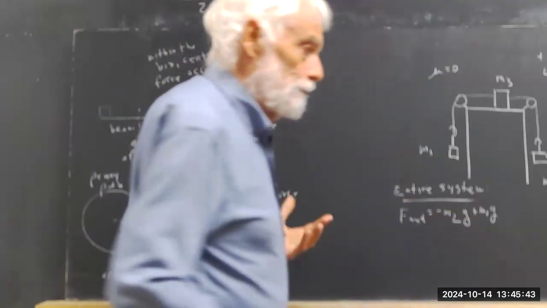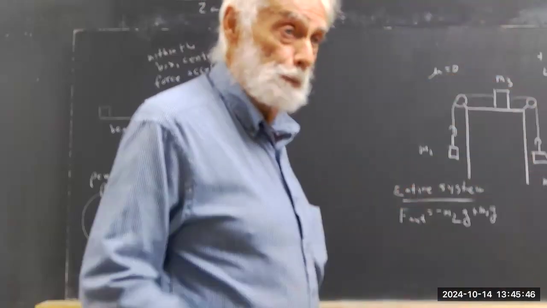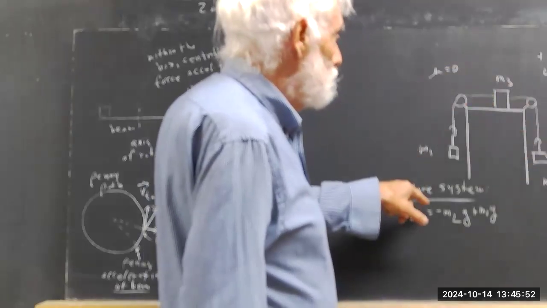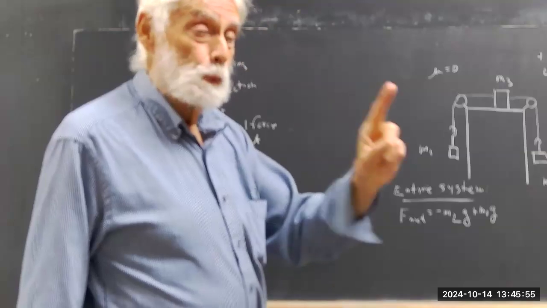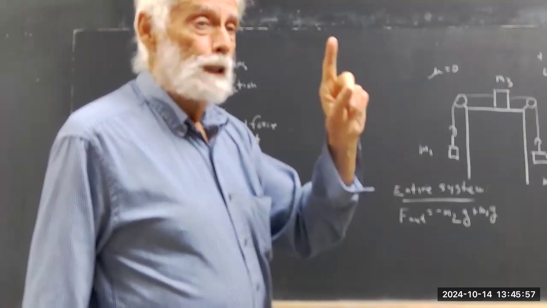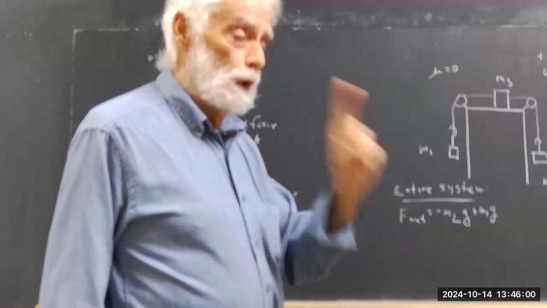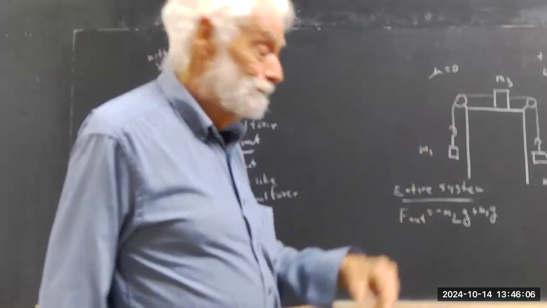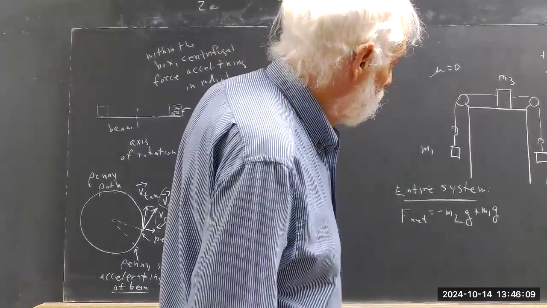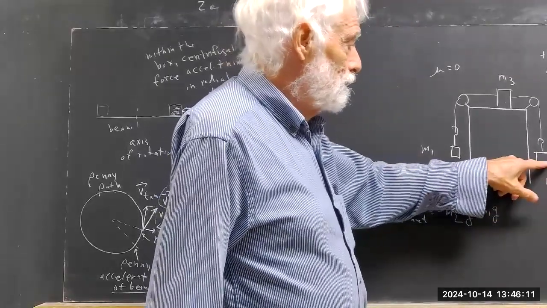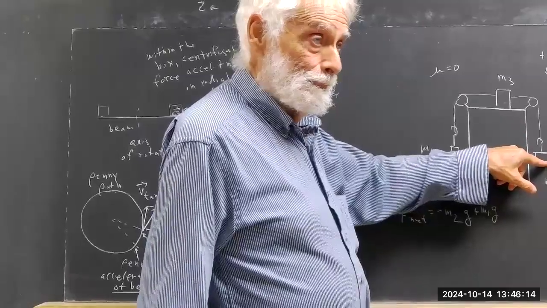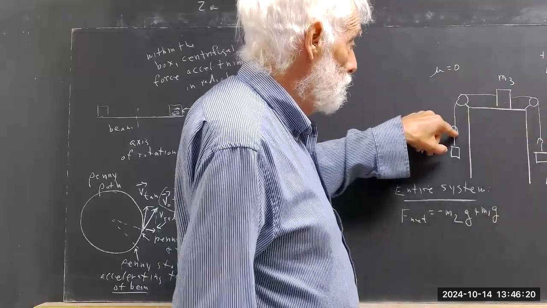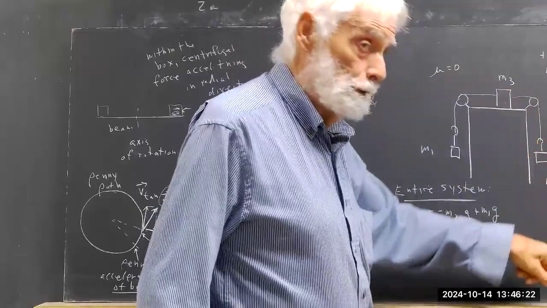Now, the motion is in one dimension. I mean, things are moving in two dimensions in space, right? But the system can only move counterclockwise or clockwise. That's one-dimensional motion. You can describe the motion by one parameter. Call it S. If I decide that S is 0 initially, then S will be positive if it goes in this direction, and S will become negative if it goes in this direction.